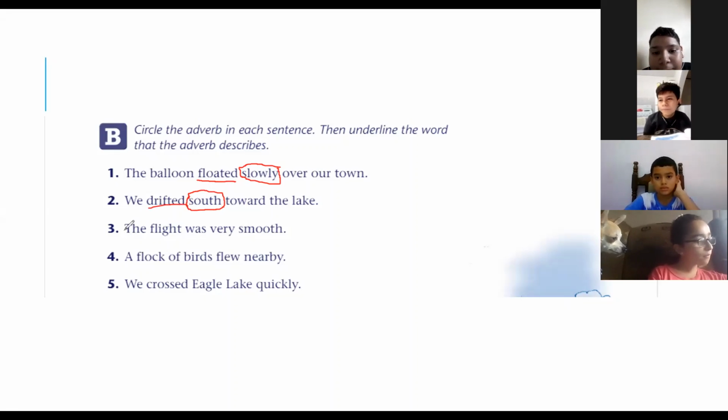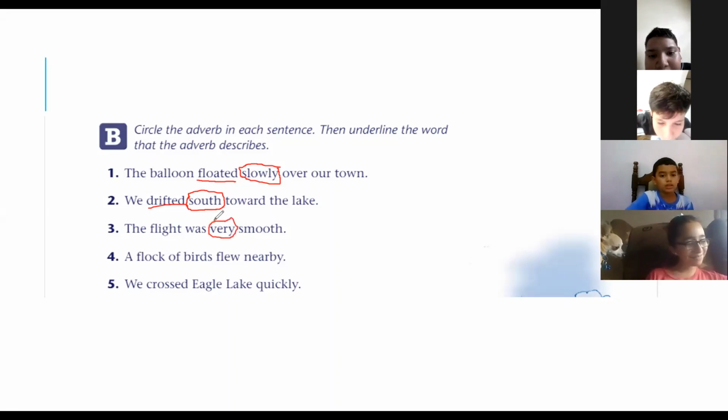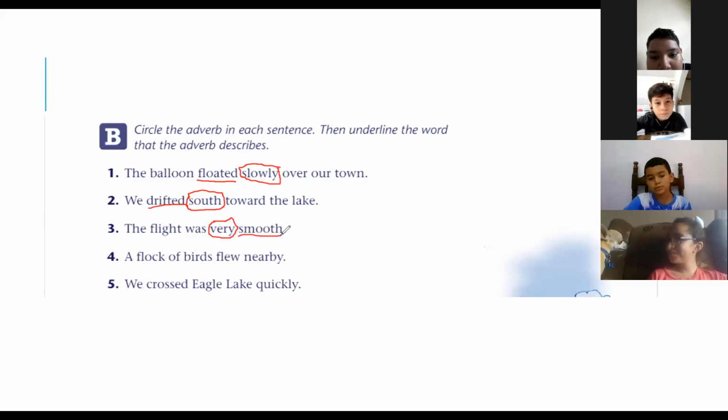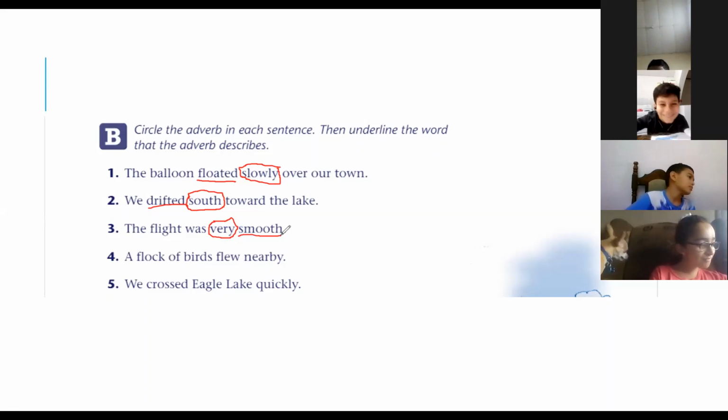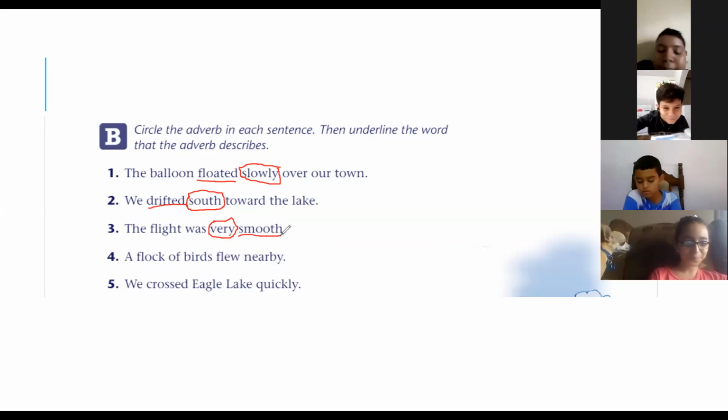Number 3, the flight was very smooth. Very is the adverb, and the word it describes is smooth. Yes. Okay, number 4, a flock of birds flew nearby.